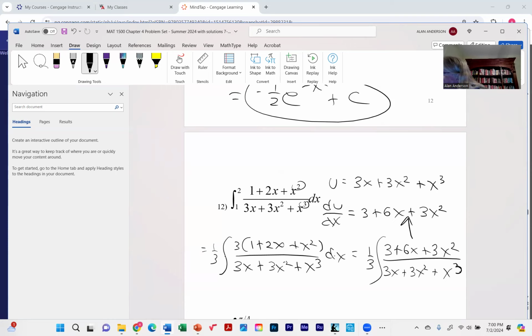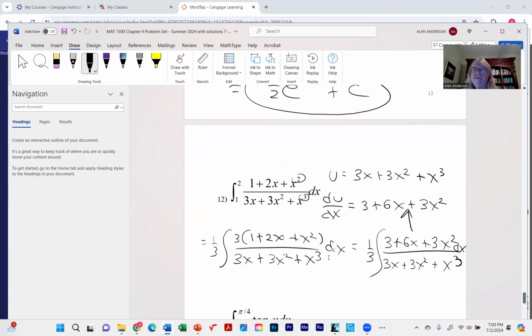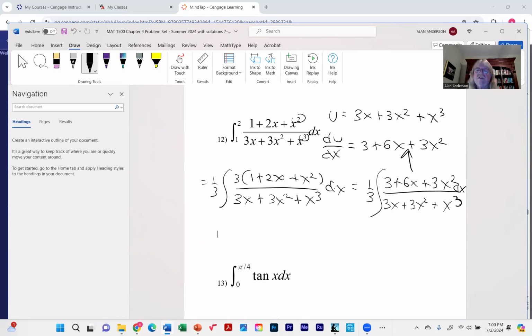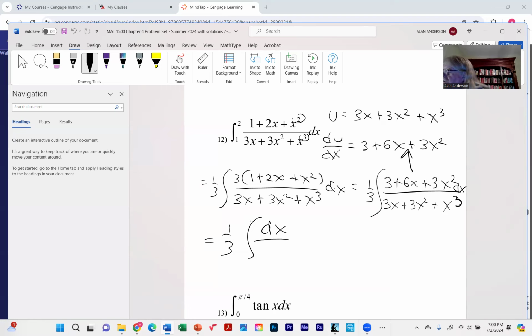And so that's exactly what we needed. Oh, I ran out of room for the dx. Okay, so in other words, what you've actually got here is 1/3 dx over x, sorry, du over u.